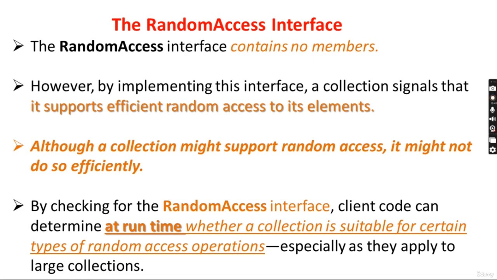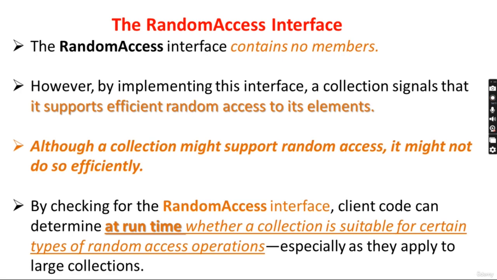Using the RandomAccess interface, client code can determine at runtime whether the collection is suitable for certain types of random access, especially as they apply to a large collection. If you are using the RandomAccess interface, the client code will first check at runtime whether the collection is suitable for a certain type of random access or not.